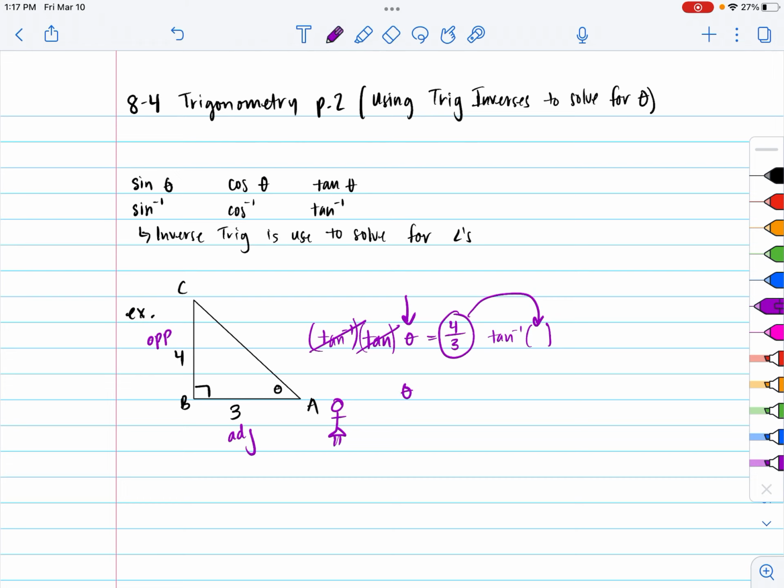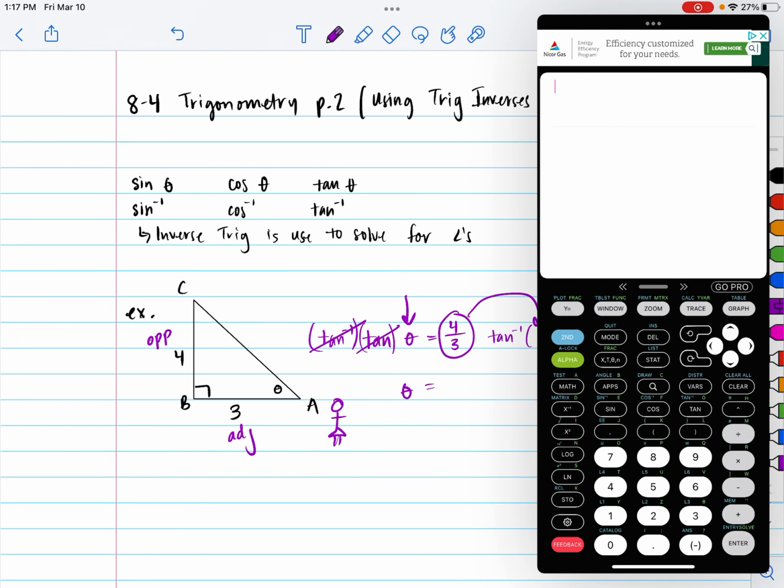Okay, so on your calculator, well, let's take a look. Theta is now by itself on the left side, which is great. And then on your right side, we actually need to do some trig evaluating. So we do inverse tan, so second tangent, parentheses opened up, and all we do here is put 4 divided by 3. And make sure it stays a fraction. You'll get a better answer.